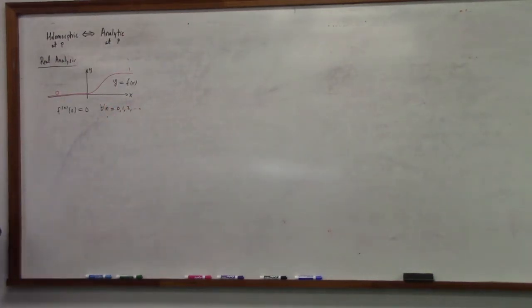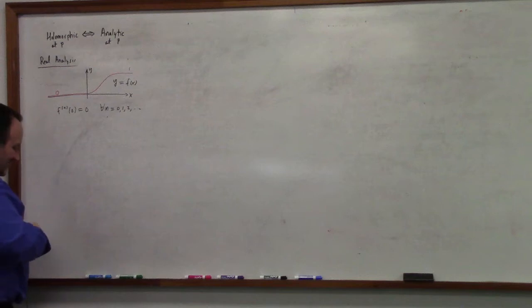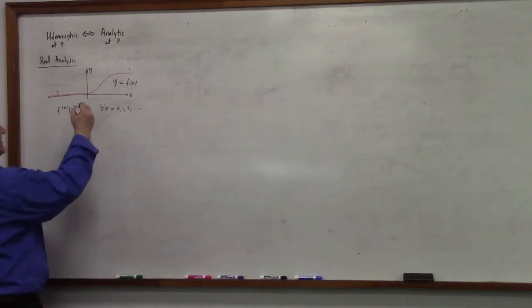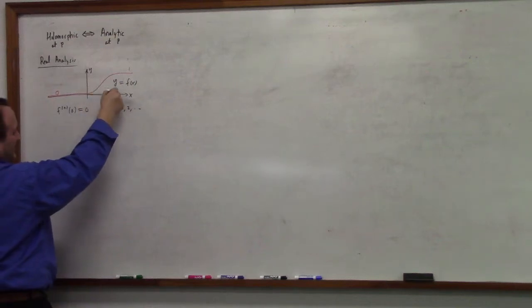So that means that if you look at the Taylor series for this function at 0, this is a smooth function. All derivatives exist. And yet the Taylor series for this guy centered at 0, what's it look like? It's basically a flat line.